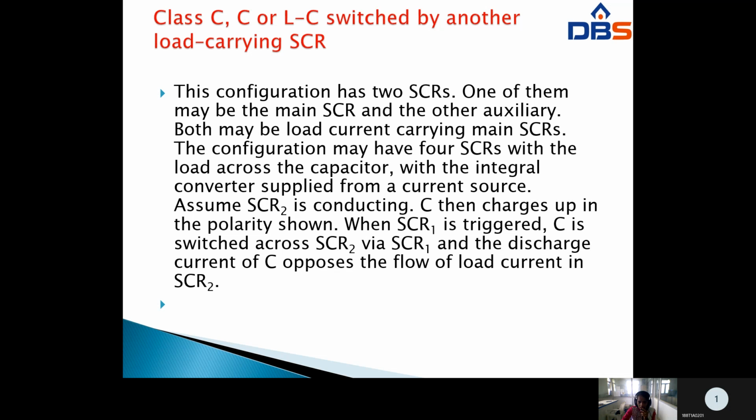Assume SCR2 is conducting, so the capacitor is charged up in the polarity shown. When SCR1 is triggered, the capacitor is switched across SCR2 via SCR1 and discharges, and the capacitor current opposes the flow of load current in SCR2. Okay.